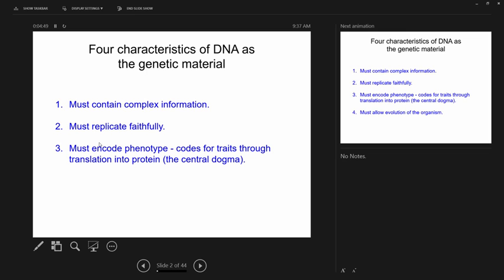You have to be able to, from the genotype, the DNA sequence, get to the phenotype. And what I just described earlier is still referred to as the central dogma of DNA. So DNA gets transcribed into RNA and gets translated into protein.